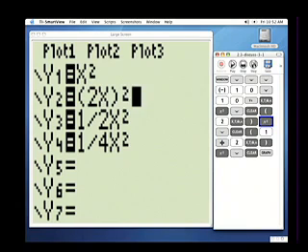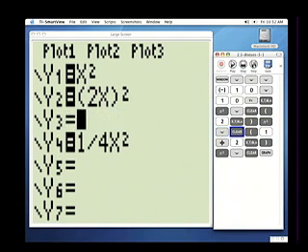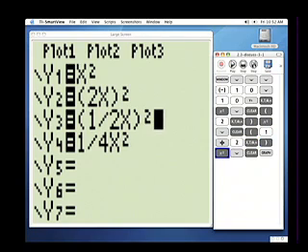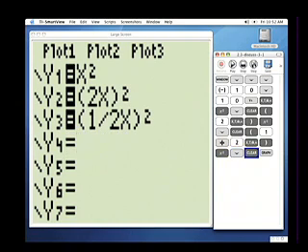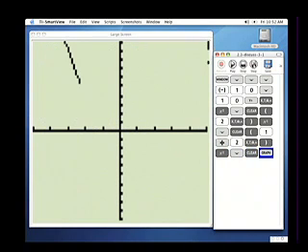Let's move down to the next equation, y sub 3, and first I'm going to clear that out of there. We're going to put in the parenthesis. We're going to then put in 1 divided by 2, then times x, close the parentheses, and raise that to the second power. I'm not interested in y sub 4, so let's move down there, clear that out of there, and now let's click on our graph key.